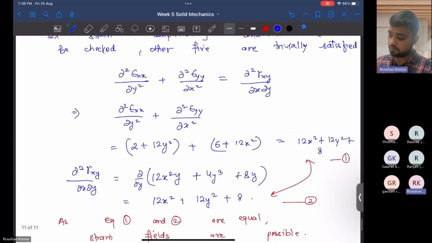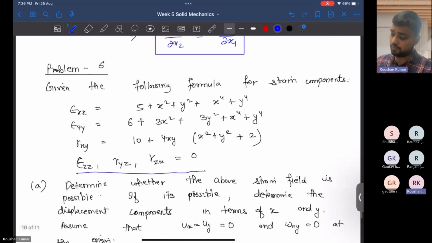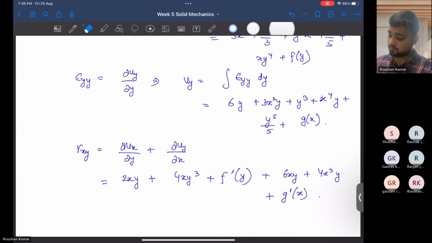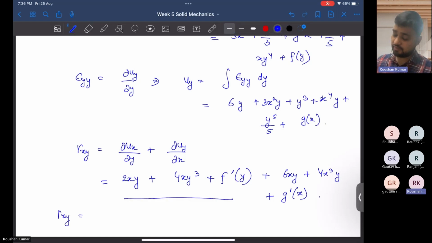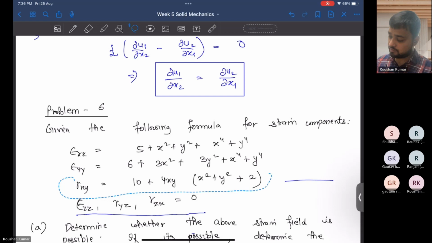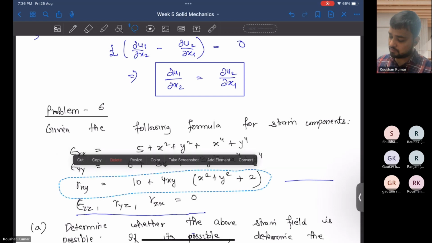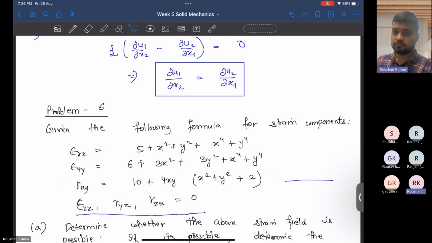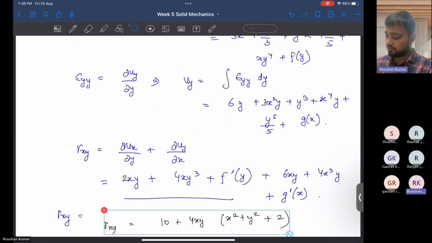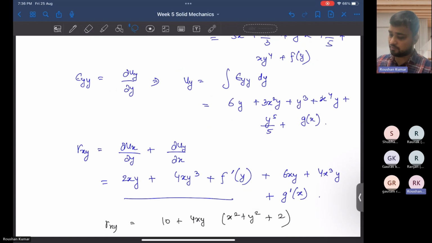Now from the question, if we compare this equation with this equation, then we found some relation. Gamma xy from the question, I just copy it from here, is given by this relation.